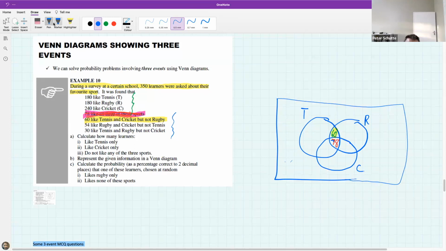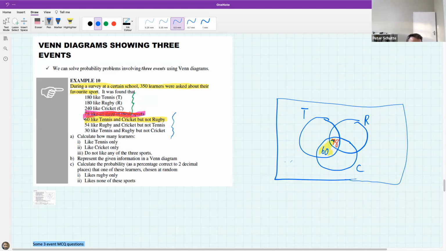So you have to be very careful with these. One little thing can go a long way. 60 like tennis and cricket, but not rugby. And so the 60 should be here. Thank you so much, Tegomatso. Eyes on the prize.